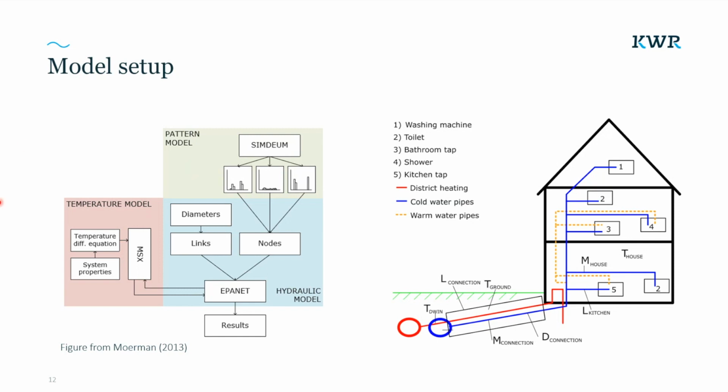Then, as I showed on the previous slide, we do the temperature modeling by putting the temperature differential equations into MSX, and together with the tap patterns and a hydraulic EPANET model representing this house, we can use EPANET to calculate some results. So this is what we did.